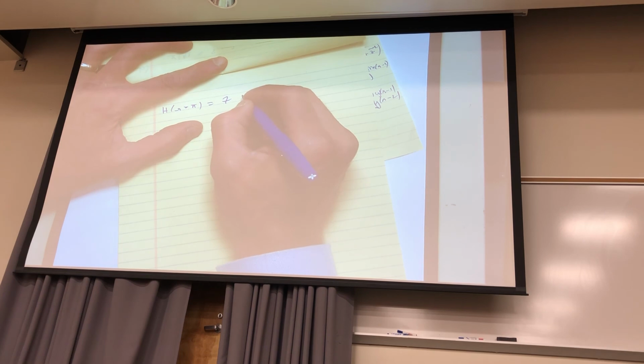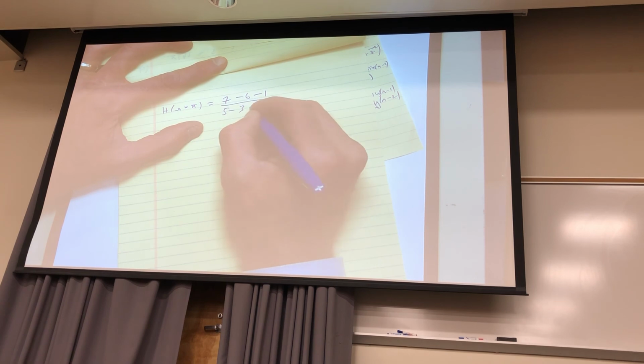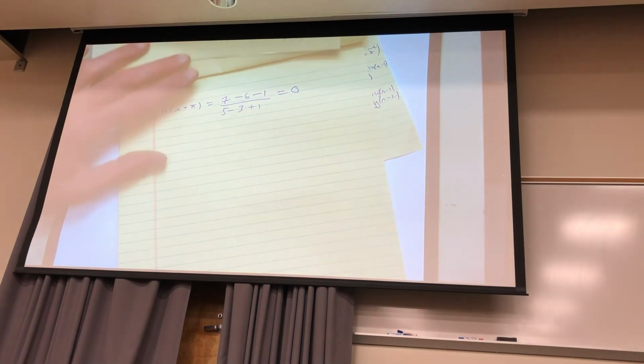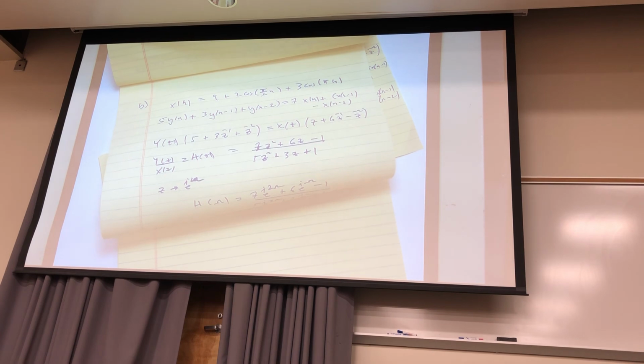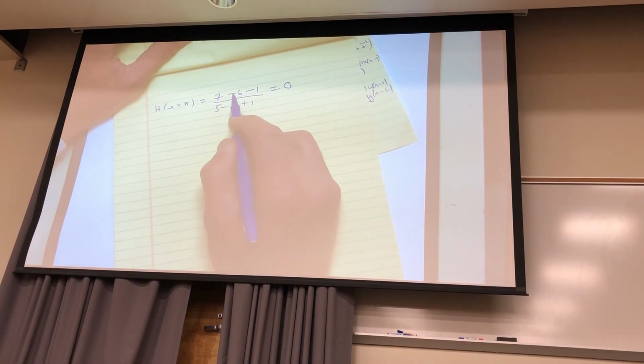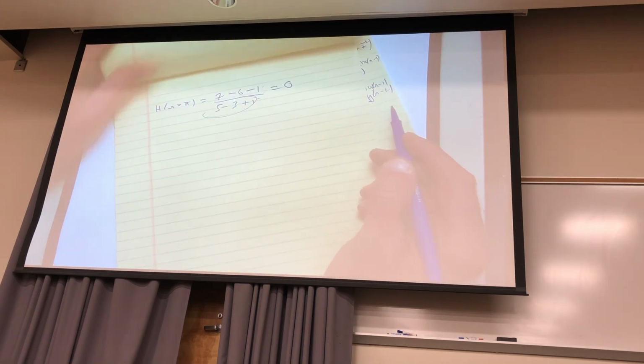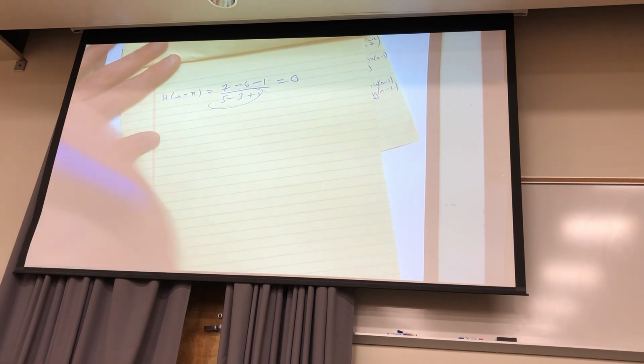It's going to be that, plus 6 times e to the j pi, which is minus 1, so it's minus 6 minus 1 over 5 minus 3 plus 1, and that's 0. So now you've evaluated the transfer function at the 3 different frequencies. The reason it's 0 here, if you're wondering, is because 7 minus 6 is 1, minus 1 is 0. And there's a finite value here. It's 0. All right, now you can just plug the numbers in and do it yourself.